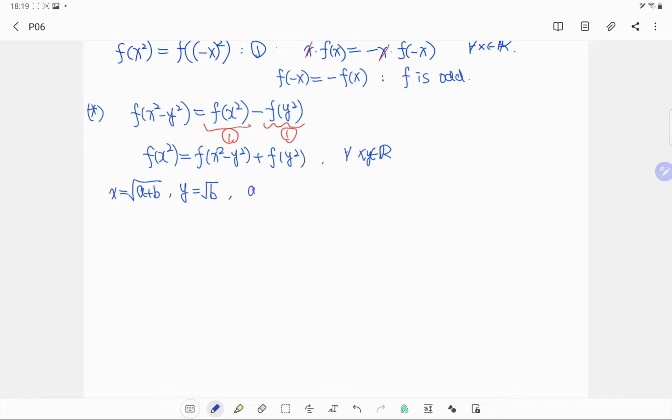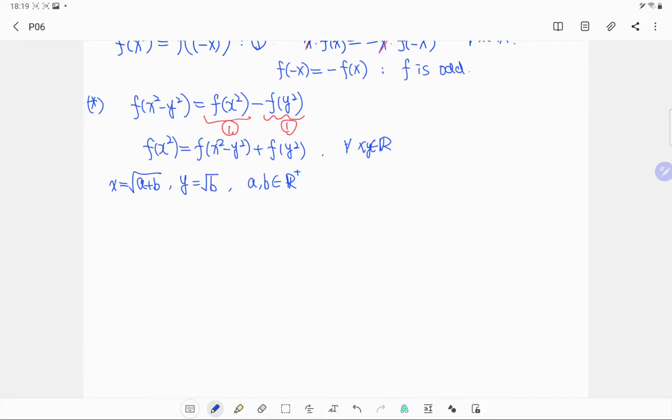For this case, a and b are positive or non-negative real numbers. Maybe positive is quite enough because we already showed that f of 0 is 0.